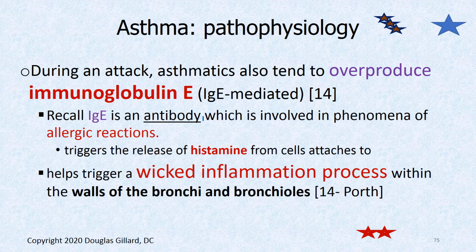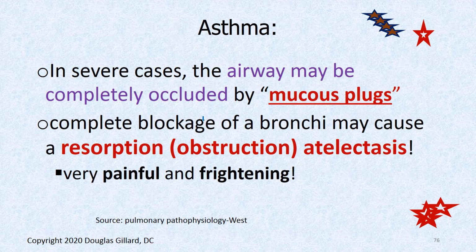It causes cells to release histamine, which causes vasodilation of microcirculation, and you get way too much blood fluid going into tissue, and tissue can swell, and it can get into the alveoli and the whole nine yards. So IgE causes a wicked inflammation process in the bronchioles and bronchi.